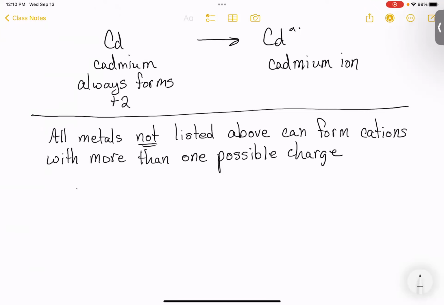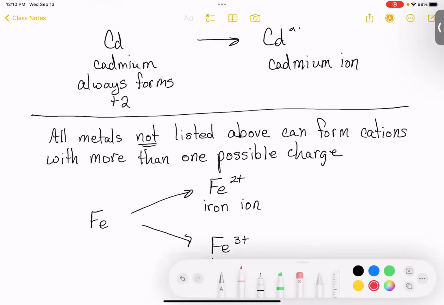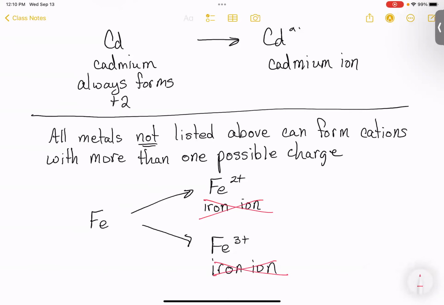For example, an example I gave you was iron. Iron can make iron 2+, or it can make iron 3+. It is initially tempting to call both of these iron ion, but that is incorrect.